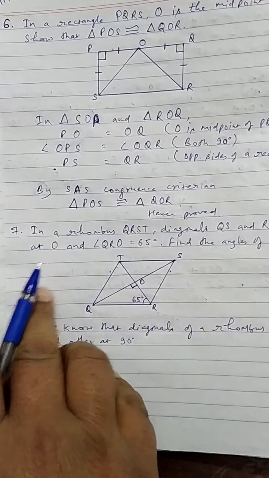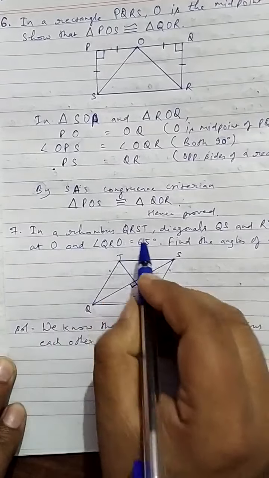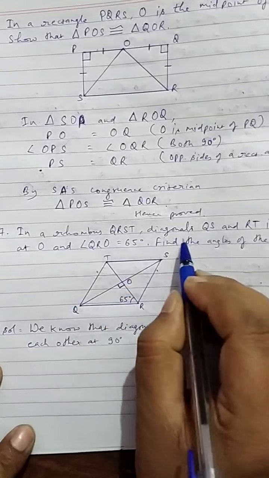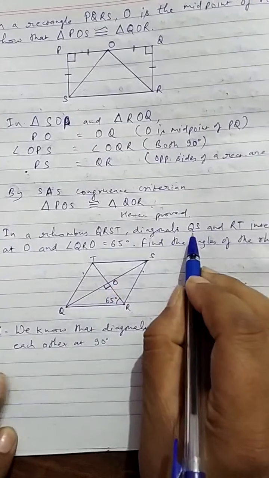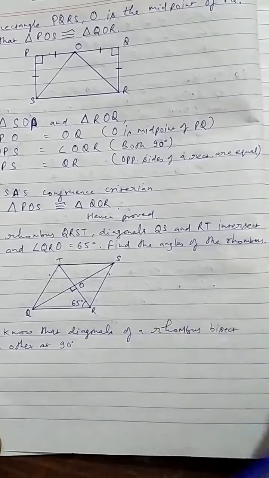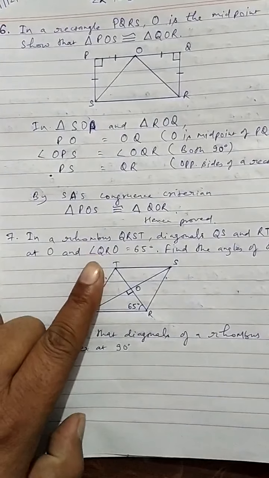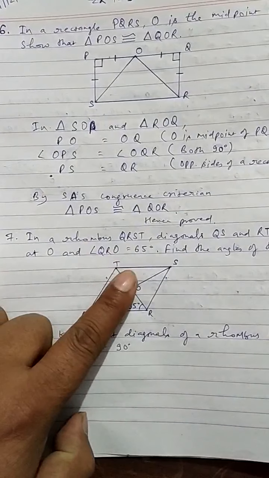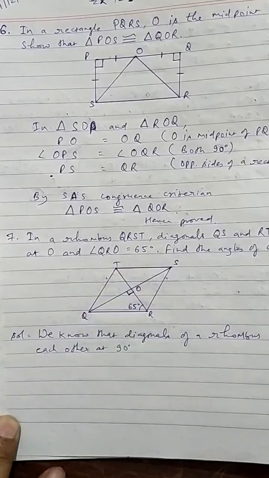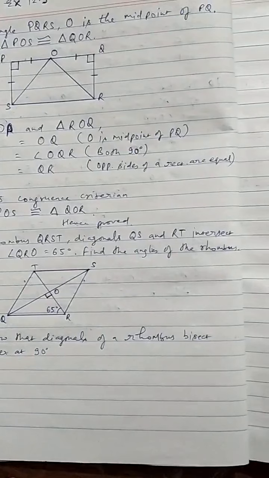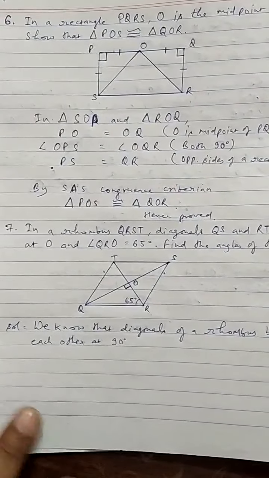Next is question number 7. In a rhombus QRST, diagonals QS and RT intersect at O and angle QRO equals 65 degrees. Find the angles of the rhombus.